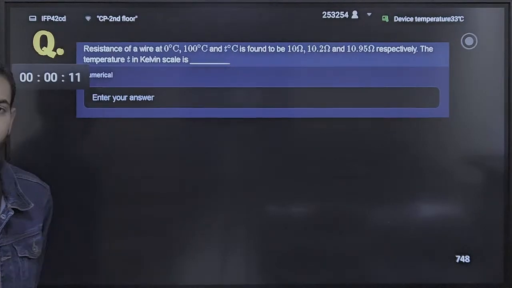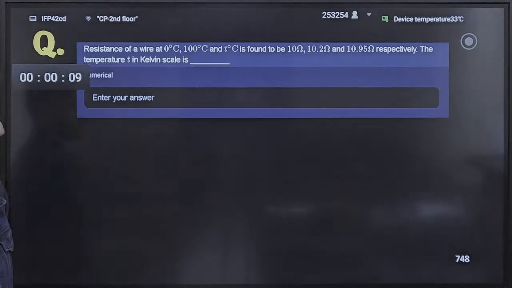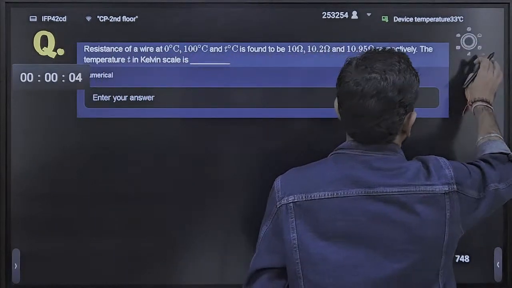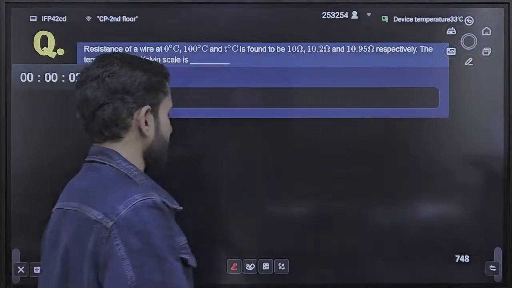How many of you got the answer? Comment down in the comment section. Let's see how to solve this question. Formula based question.